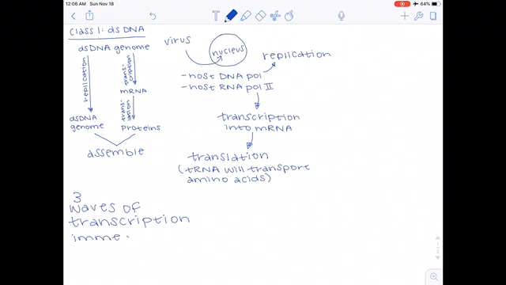And so we have 3 waves. And these are called the immediate early, the early, and the late.